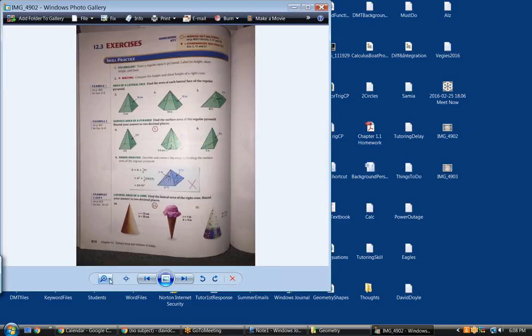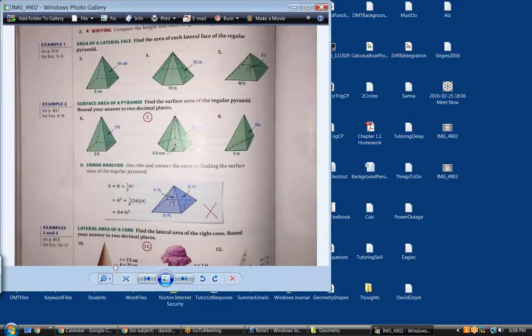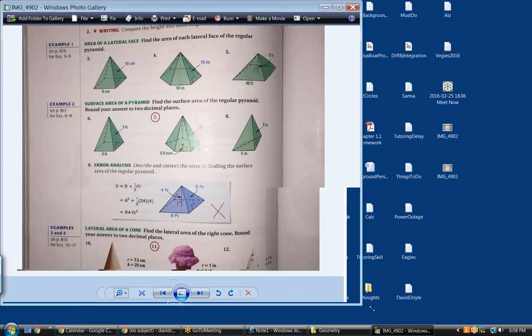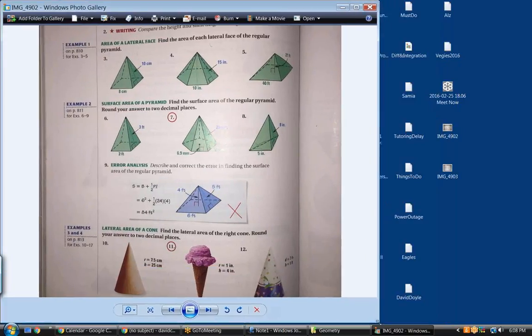Should we start on this page? Yeah. And then switch to. Okay, let's start on 3.